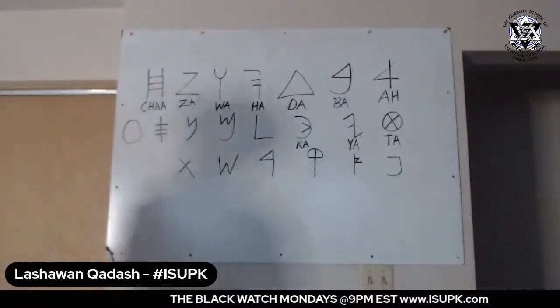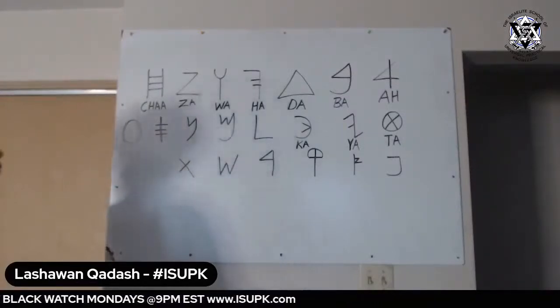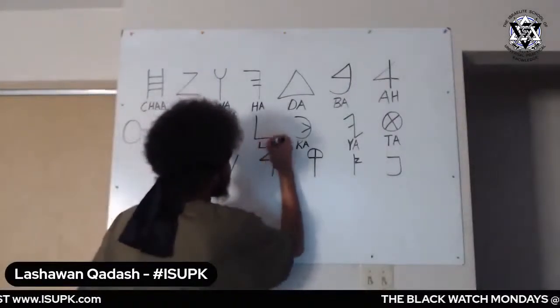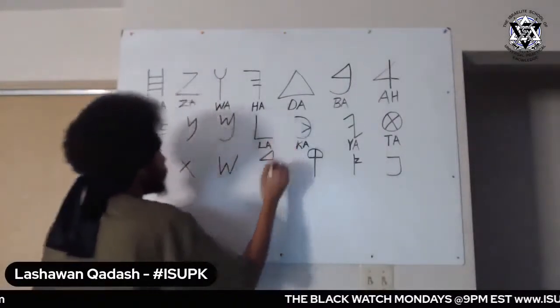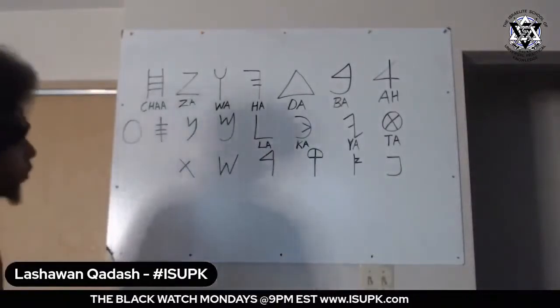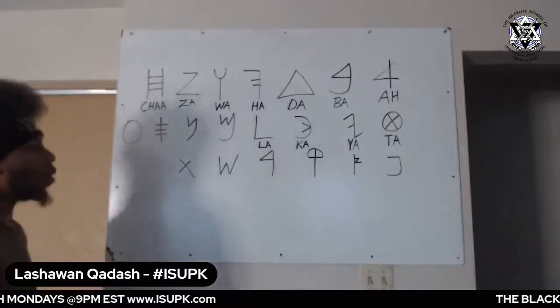And ka also can be used as a prefix or a suffix in Hebrew. Now we have la, which is L-A. La actually means to, as in T-O, to.